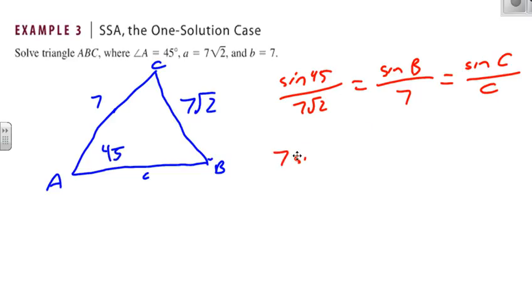7 times sine of 45. Sine of 45 degrees is your middle finger, so that's square root of 2 over 2, equals sine of B times 7 square root of 2.